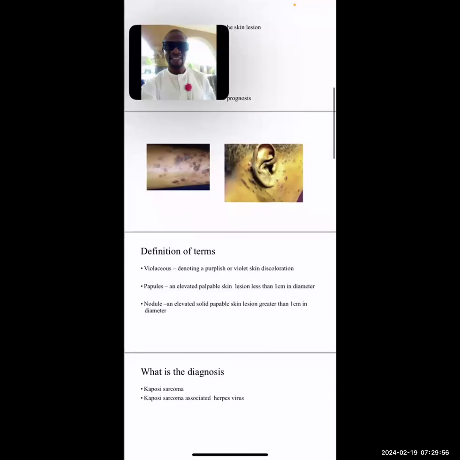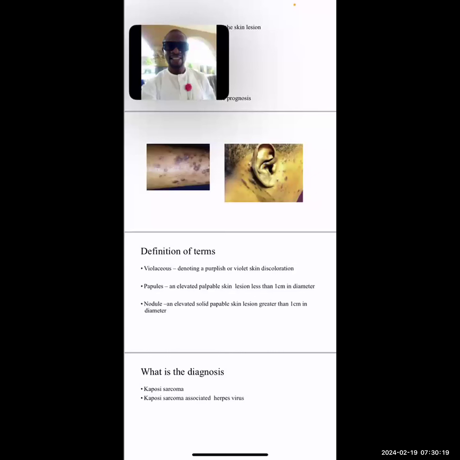Yeah, we can see. Okay, so basically, I think what they put in the recall was the one described around the face. As with every dermatologic lesion, we describe based on location and on the description of the lesion. So it was described as violaceous papules and nodules around the ear, extending towards the neck.